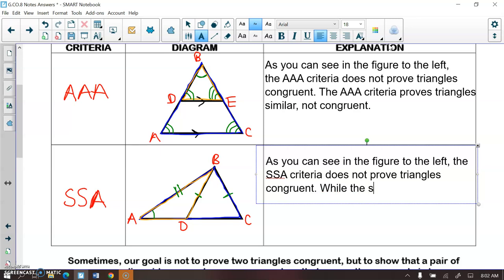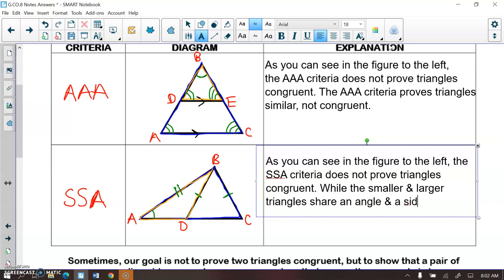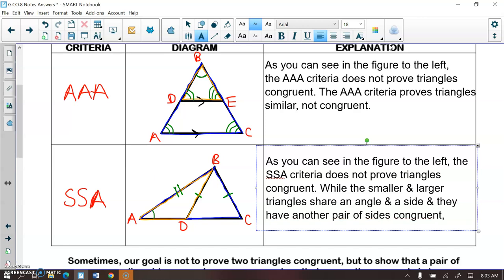While the smaller and larger triangles share an angle and a side, and they have another pair of sides congruent, the triangles are not the same size.